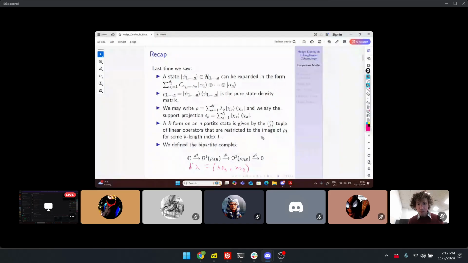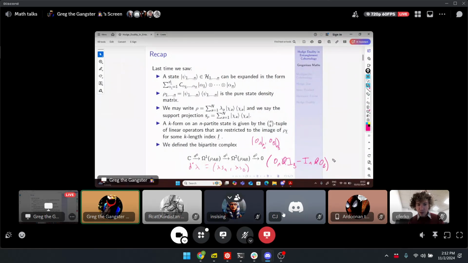And then D1 will take you, if you're given some operators O_A, O_B, where they're restricted to rho A, restricted to rho B, then this D1 will send you to, I believe, O_A times the identity on B minus the identity on A times O_B, and then you restrict that to rho AB.